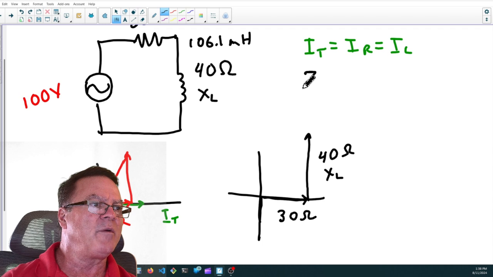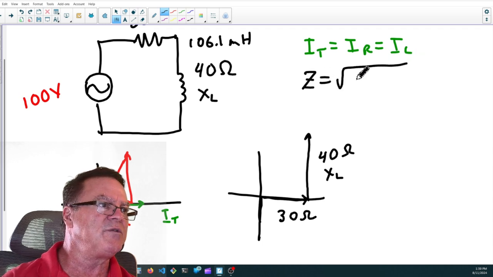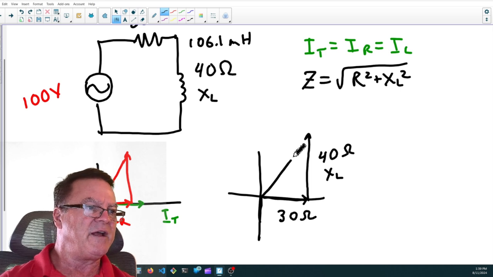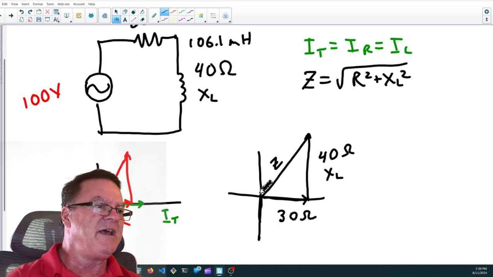And now my formula for impedance equals the square root of R squared plus X sub L squared. Because this is a triangle and this is impedance. The hypotenuse is the impedance.